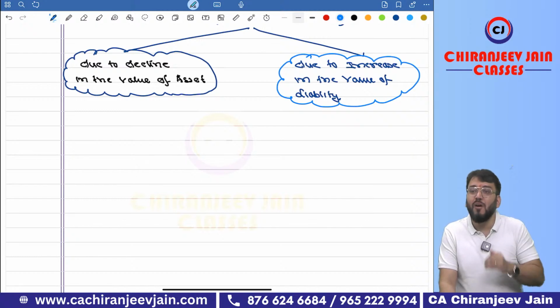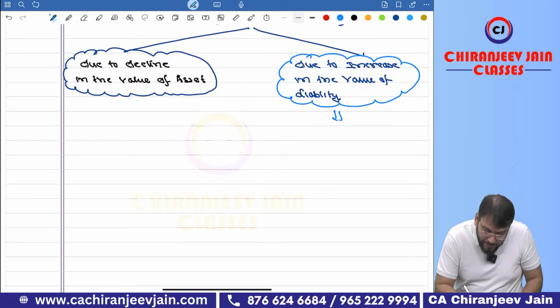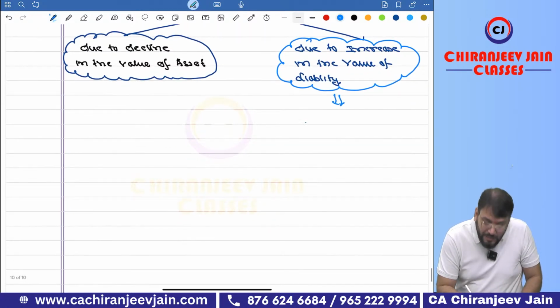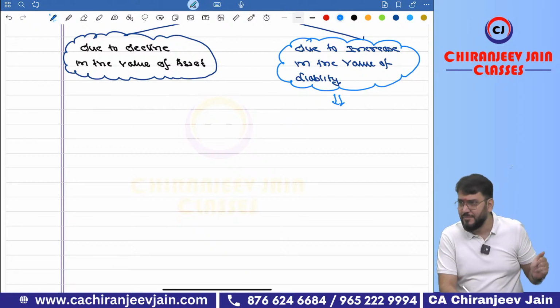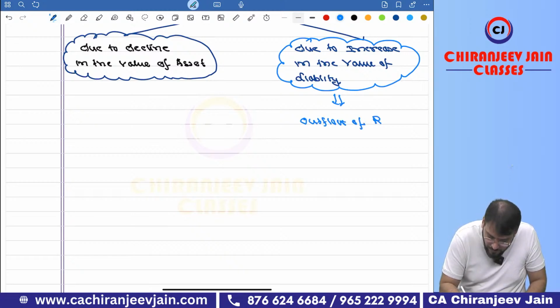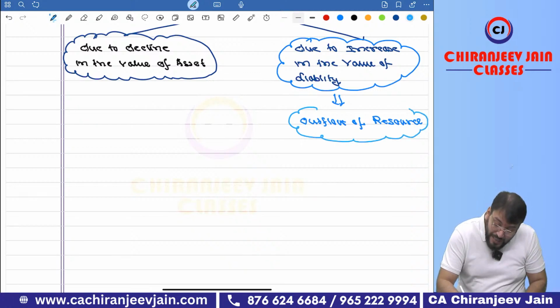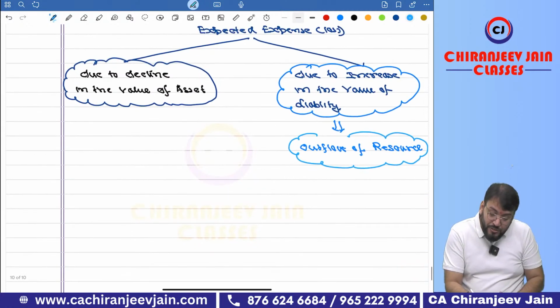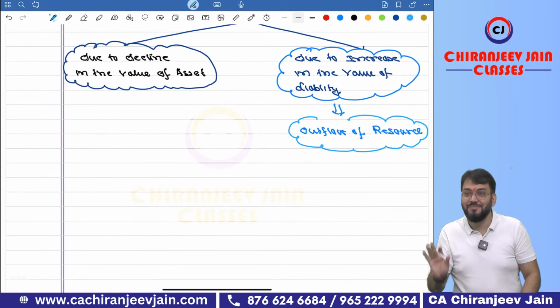Liability means there is some obligation to pay in future. So it will result in outflow of resource. Resource means any cash or any asset. And whenever there is any expected expense which will result in outflow of resource, that is provision.